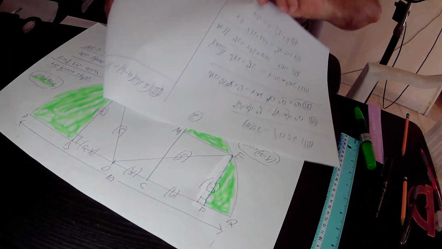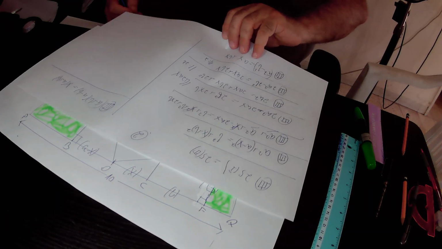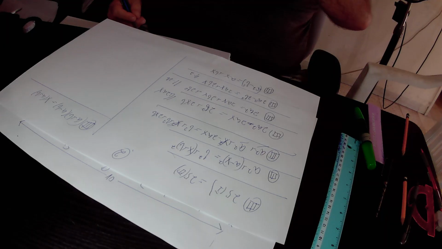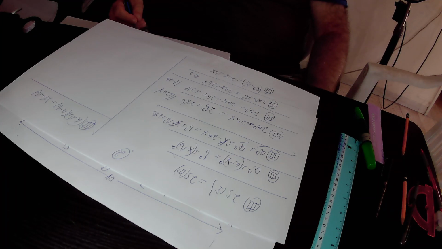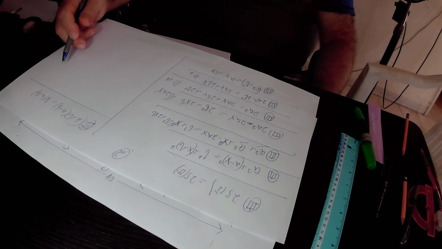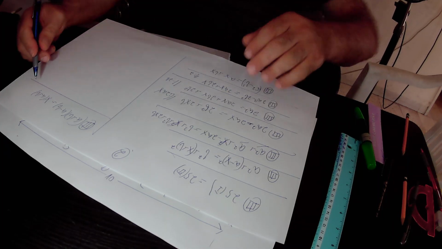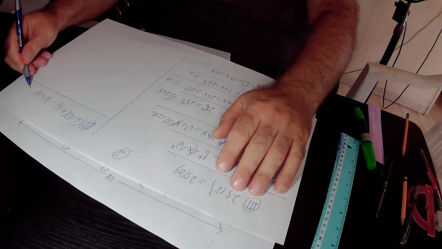So A and B are lengths, and therefore they must be positive numbers. And when you add two positive numbers, the result must also be a positive number. So A plus B is positive, and therefore it is allowable to divide equation 3 by A plus B, because A plus B can never be equal to 0. So we divide equation 3 by A plus B.